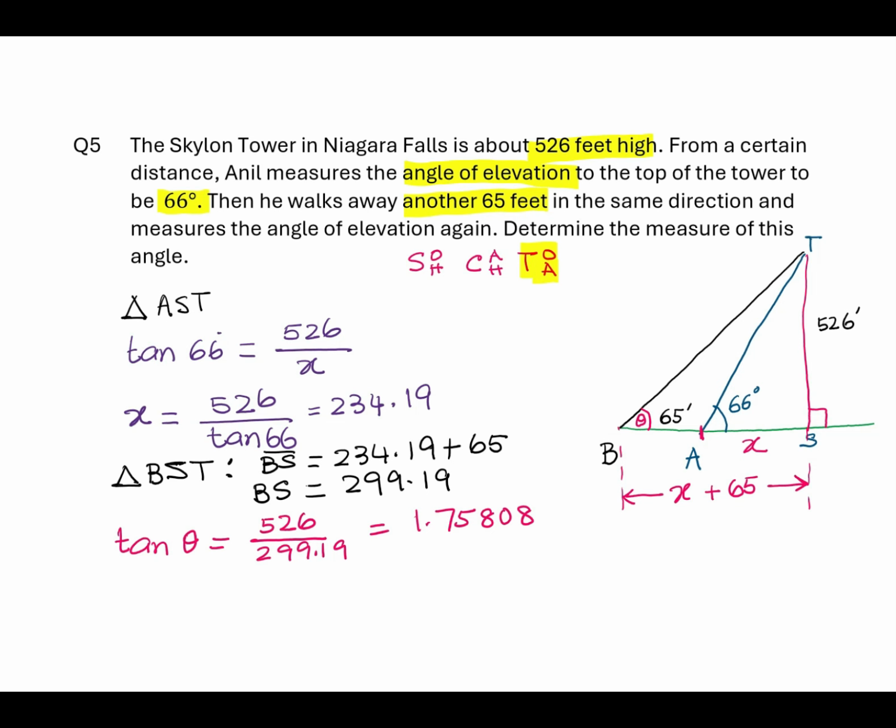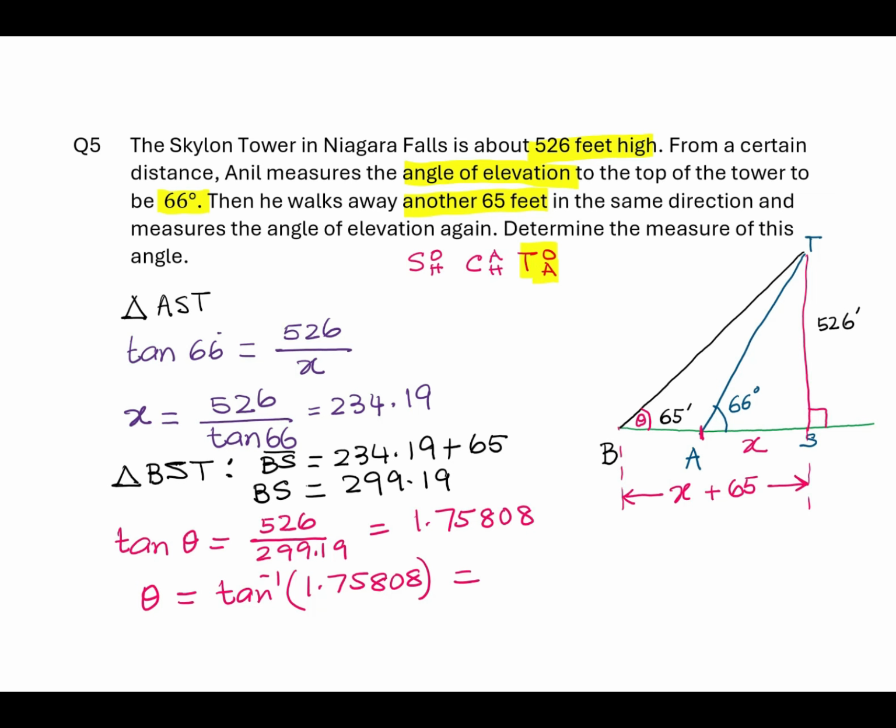That really means that the angle of elevation theta will be equal to tan inverse of 1.75808. Minimum, you should round it to 4 decimal places, right? So we just wrote the value, it's there in the calculator.